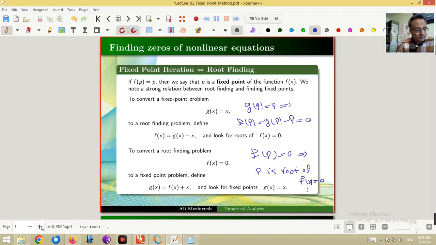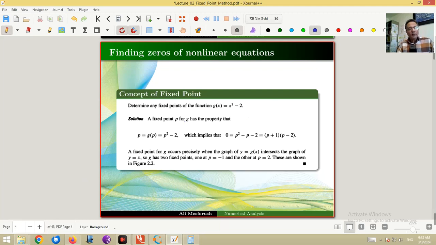Now let me continue with the concept of the fixed point equation. For example, consider g of x equal to x squared minus 2. If we want to find the fixed point of g, we have to consider p equal to g of p.